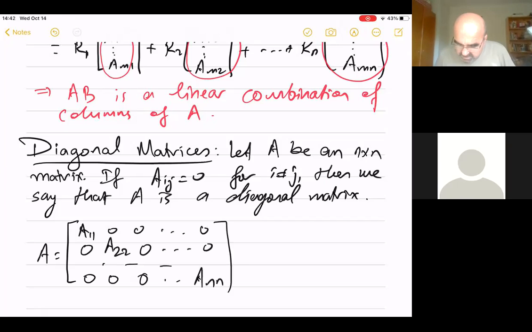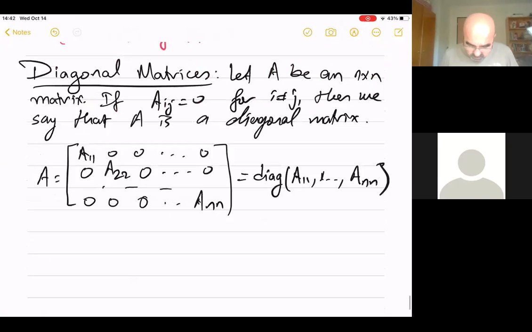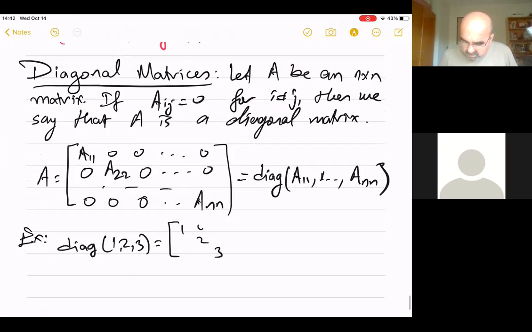So we also write this as the diagonal matrix, diag(A11, A22, ..., ANN). So for example, let's say diagonal 1, 2, 3. This is a 3 by 3 matrix, 1, 2, 3, and all the other entries are 0.